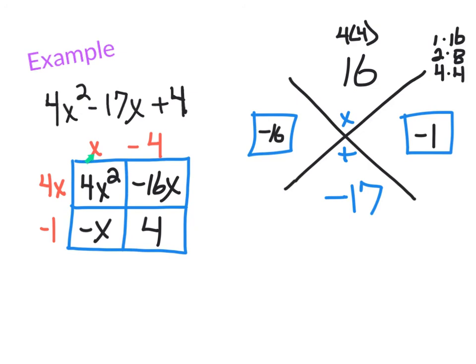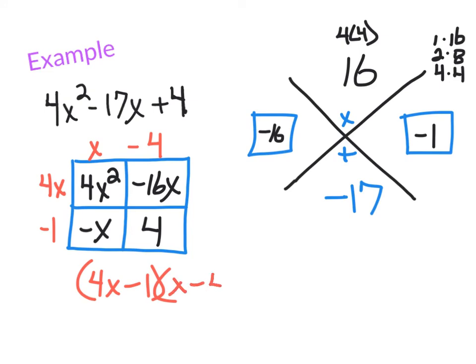If we need this to be a negative 16x, then 4 times negative 4 gives us negative 16x. I know I'm saying a lot, but now that we have taken out these greatest common factors, we have our answer, and our answer is 4x minus 1 and x minus 4.